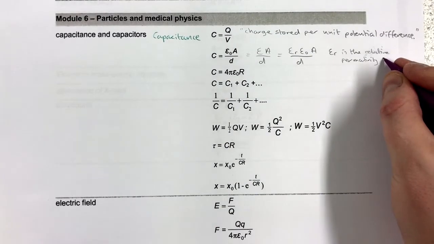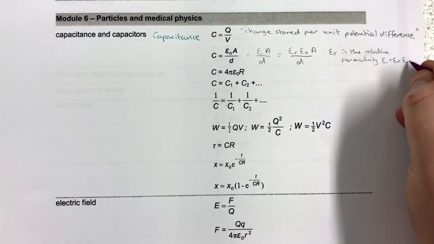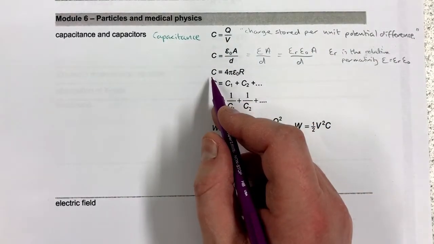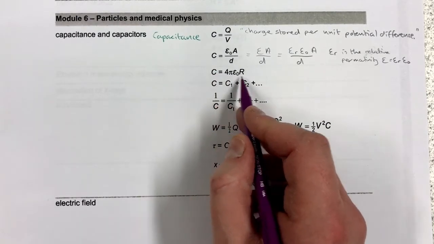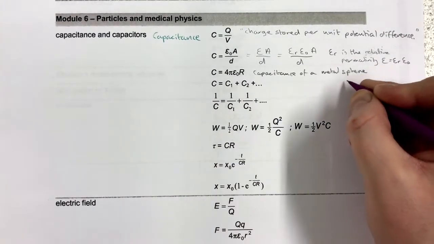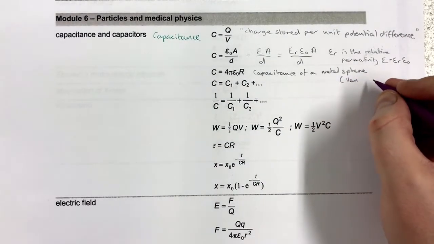To work out what it actually is, you take the relative permittivity and times it by the permittivity of free space. The next equation below is designed for calculating the capacitance of a sphere that can be loaded with charge. And the classic example of that would be a Van de Graaff generator.